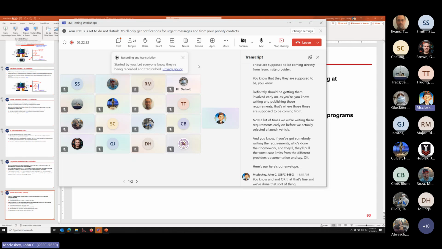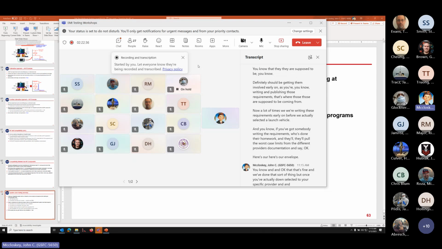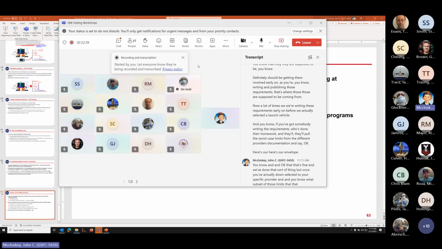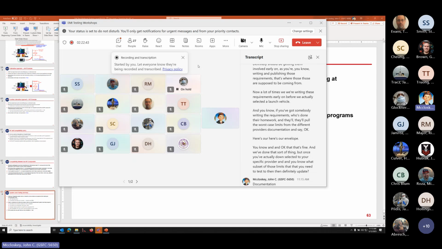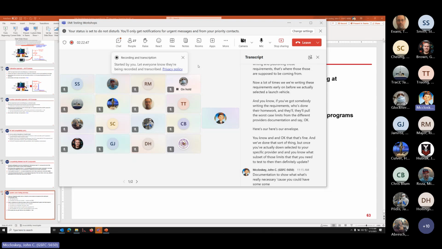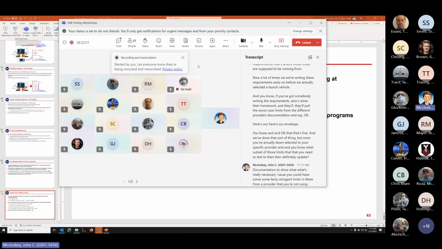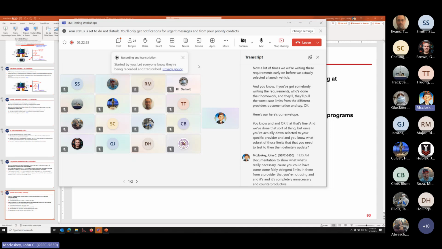But once you've actually down selected to your specific provider, and you know what subset of those limits you need to test to, then definitely update the documentation to show what's really necessary, because you could have some fairly stringent limits in there from a provider that you're not using, and it's completely unnecessary and counterproductive to test the limits that you don't need.